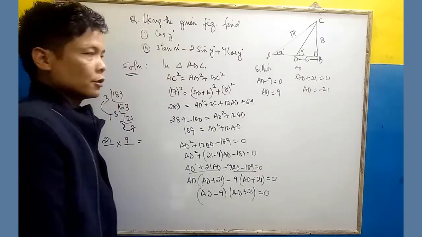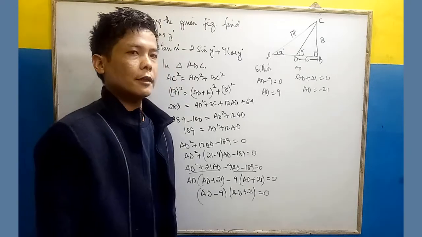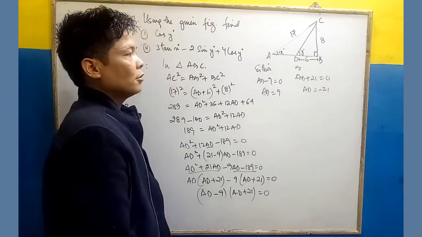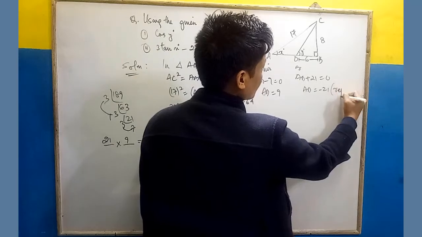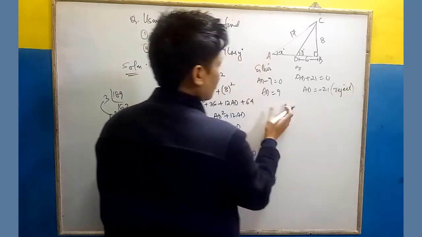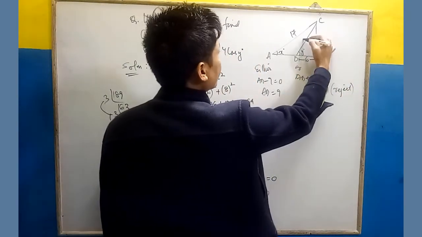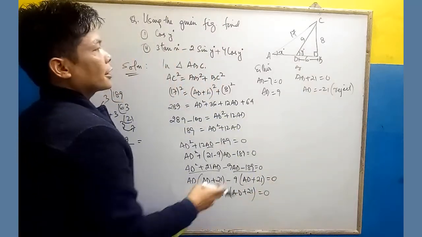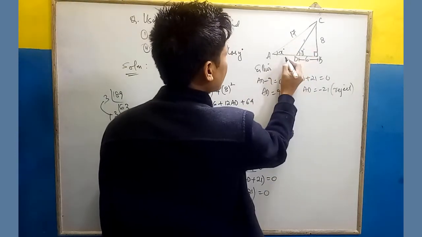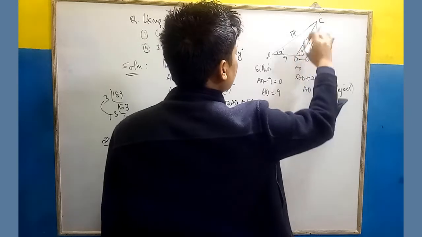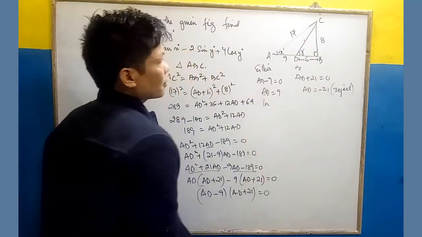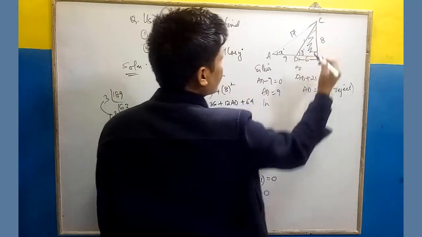You know that the side of a triangle can never be negative. So this negative value we are going to reject. So we will take the value of AD to be 9. Now let us find out the value of DC. To find out the value of DC, I'll take this triangle DBC.